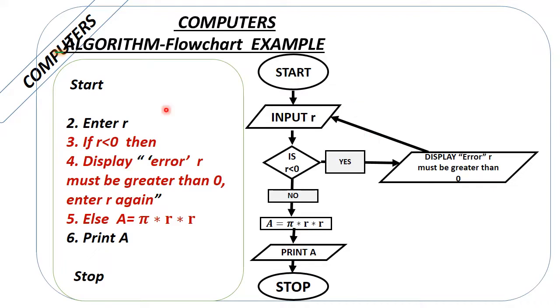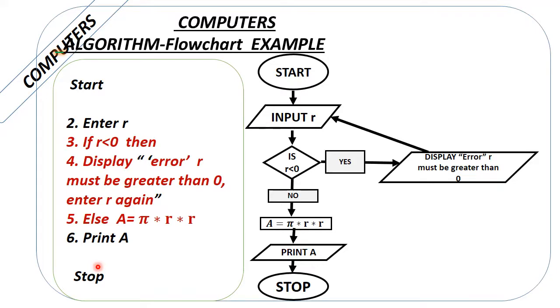So when you do this on the pseudocode, after display error, r must be greater than 0, enter r again, the next step should be input r before the else statement. So 5 should be input r, because after here it goes to input r. Then from there you go to else, which is going to be 6, then print 7, then stop.